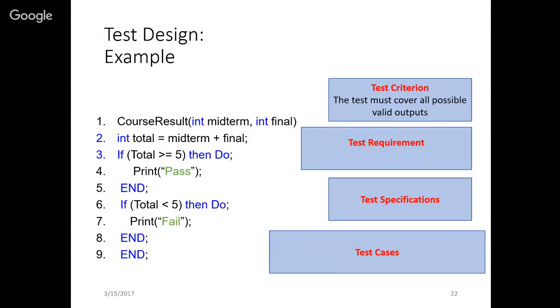So very simple program. So what's the criterion that I have? What's the criterion? It's written in front of you. Check both pass and fail. So what are the specifications? Or let's say, what are the test requirements first?